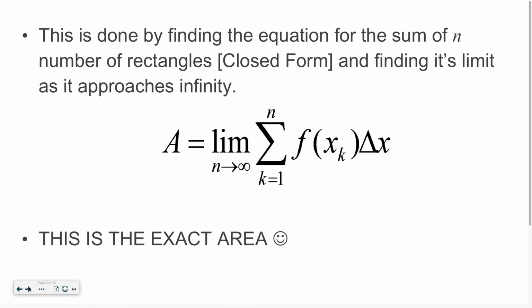So go ahead and write this down. Our exact area is going to be this. What is all this? What does this mean? Sum. We're summing up length times width infinitely many times of infinitely small rectangles.